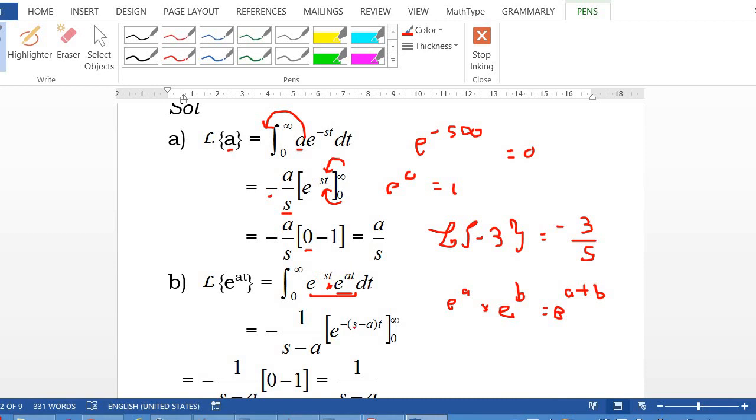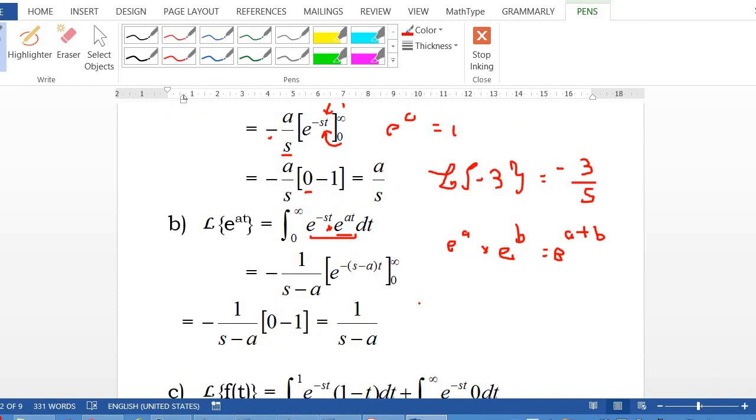So exponent negative s plus a, times t. So we combine the exponents into exponent negative (s minus a)t, and then if we integrate this with respect to t, we divide by the coefficient here, so divide by negative 1 over s minus a.